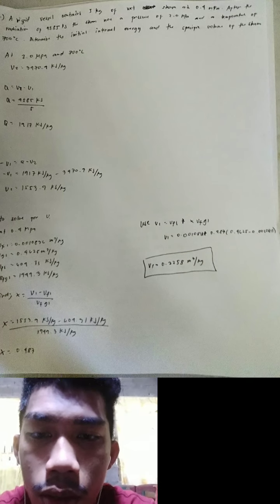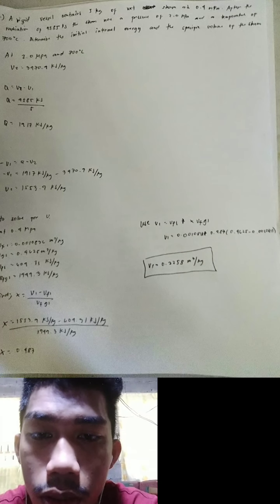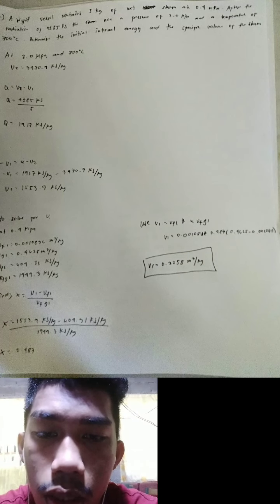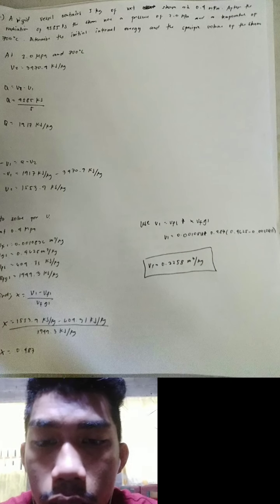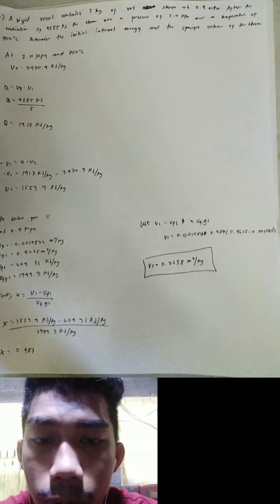kilojoules per kilogram. To solve for the V at the 0.4 MPa, Vf1 is equal to 0.00100836 m cube per kilogram. Vg1 is equal to 0.4625 m cube per kilogram. Uf1 is equal to 604.31 kilojoules per kilogram, and the Ufg1 is equal to 1,949.3 kilojoules per kilogram. So to find the X, we use this formula: X equals U1 minus Uf1 over Ufg1.